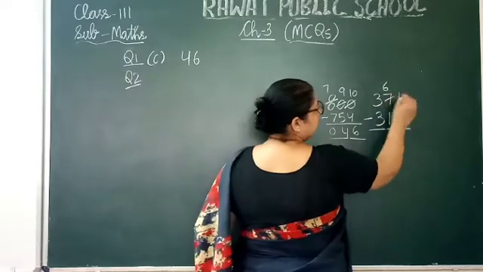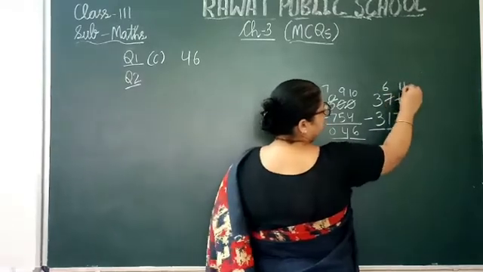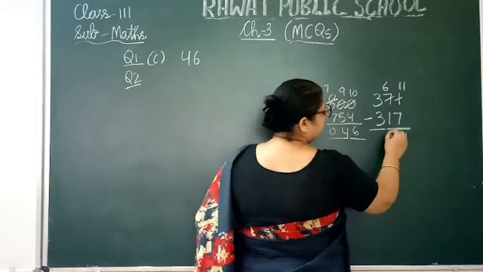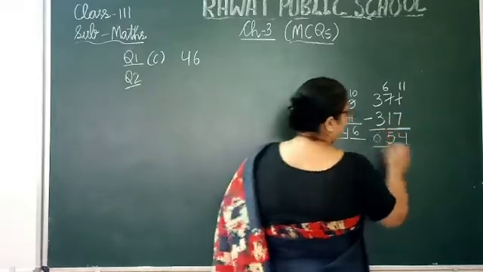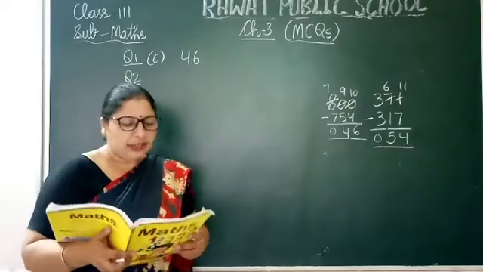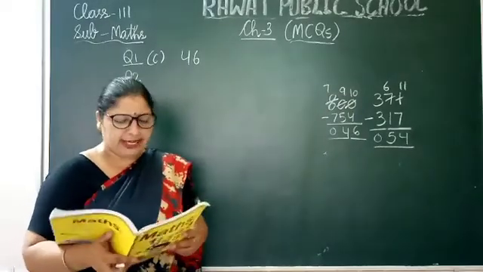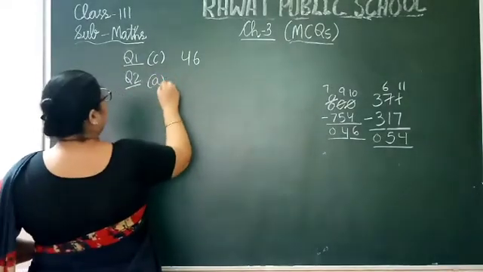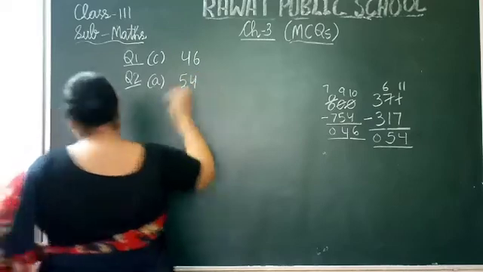This is 6 now and this is 11. 11 minus 7, 4. 6 minus 1, 5. 3 minus 3, 0. Answer is 54. Option number A, 54. Tick option number A.